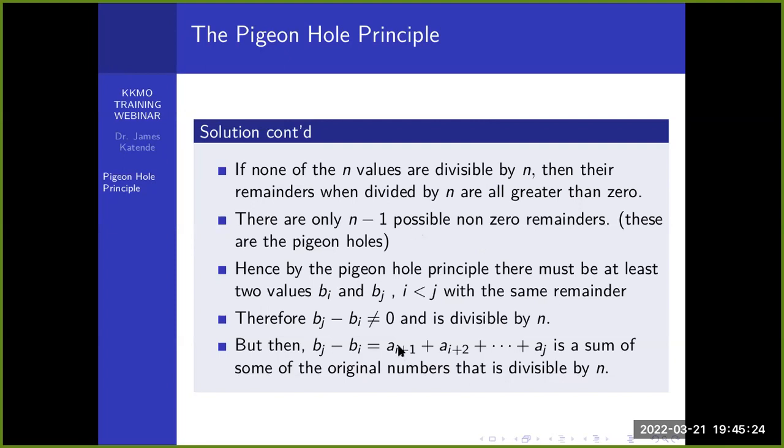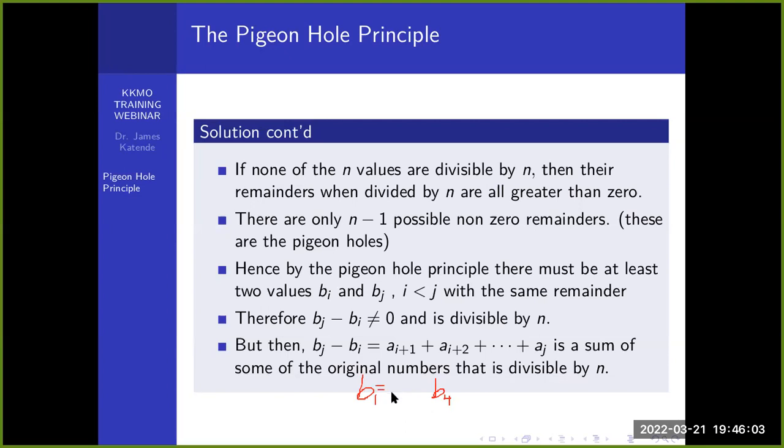So to make this part clear, suppose I pick, by chance, B1 and B4.